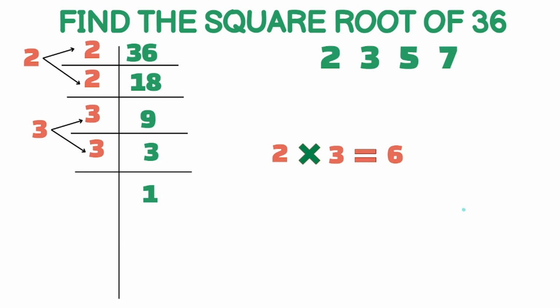Now let's try something else. If we are asked to find the square root of 144, we'll have our line, because we'll be using the same pattern of division used to find the lowest common multiple and the highest common factor of a number. We have our 144.